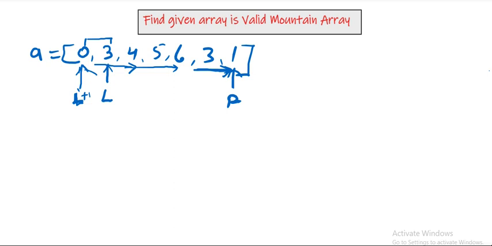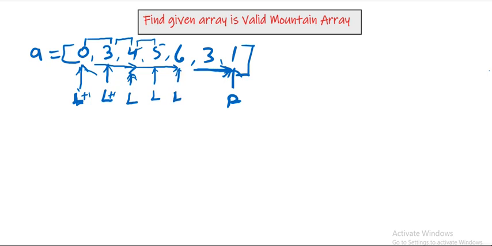Now for the next point, we check the next element. L plus 1: is 3 less than 4 or not? Here it's true, so my L will be over here. Now I do the same thing with 4 and 5. Is 5 greater than the current one? That is true, and the next is also true.